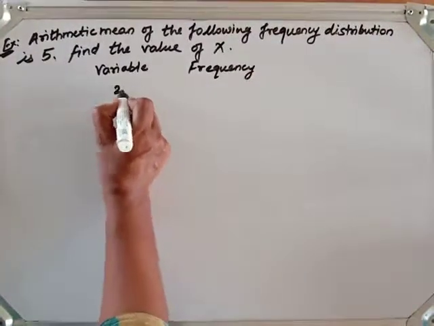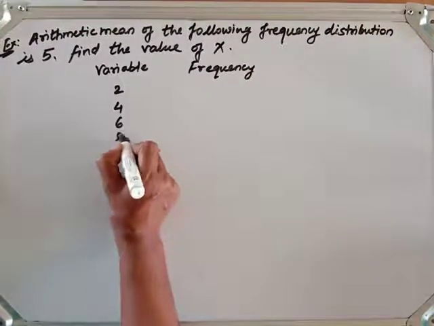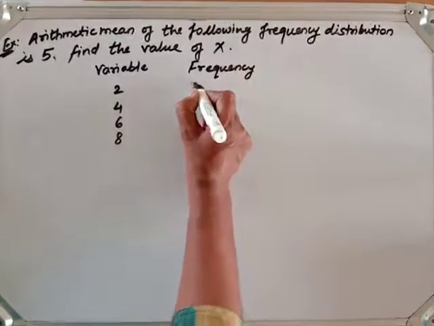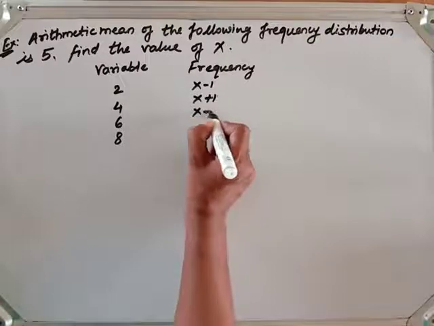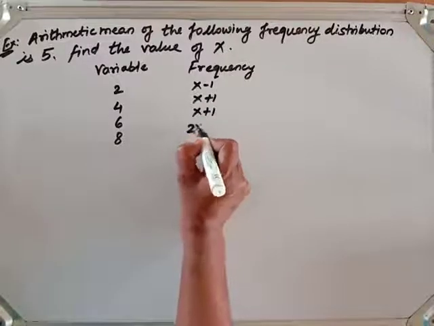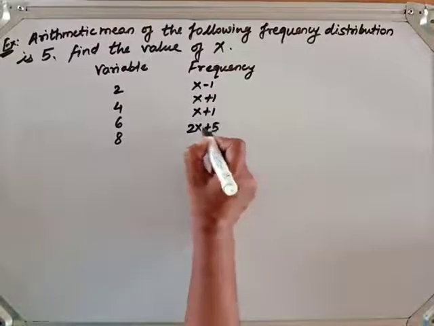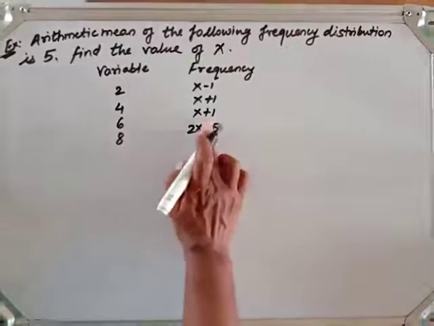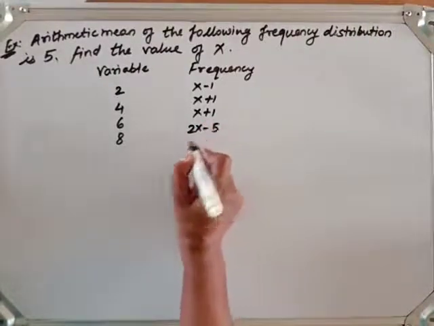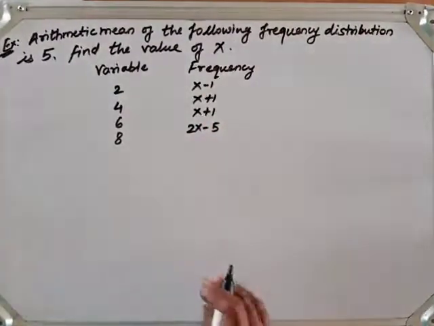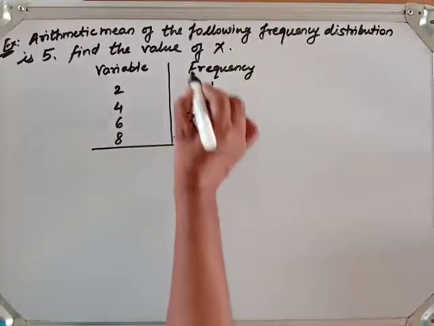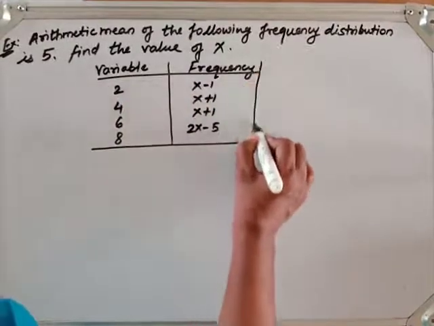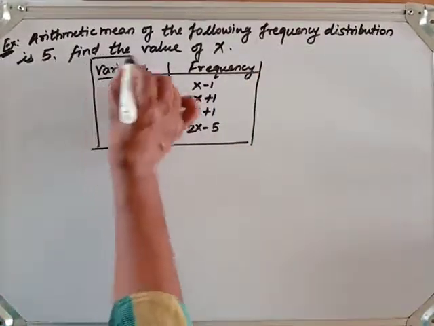The variable is 2, 4, 6, 8 and the frequency is x minus 1, x plus 1, x plus 1 and 2x minus 5. Sorry, 2x minus 5, let me take. Now this is a frequency distribution given to us, and we have to find the value of x.